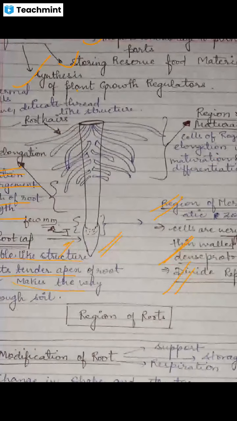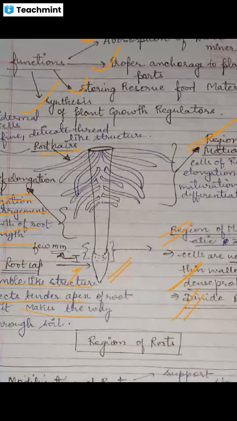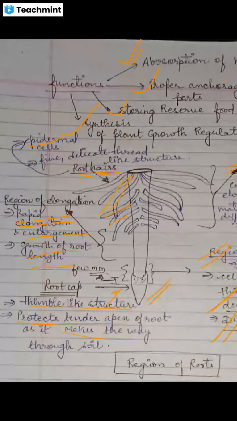Now some cells of the elongation region mature and differentiate, and they form a region which is called the region of maturation. In the region of maturation, we can see root hairs. These root hairs are made from epidermal cells, the cells present at the surface, and they form fine, delicate, thread-like structures.